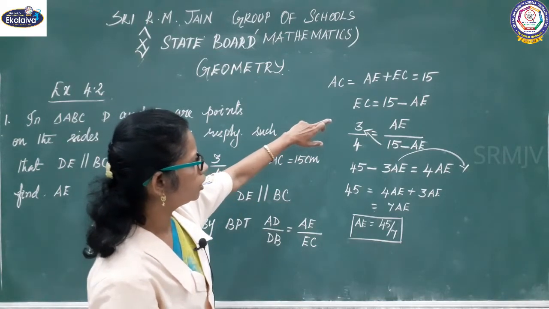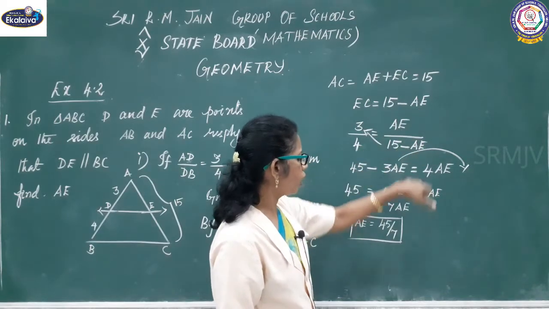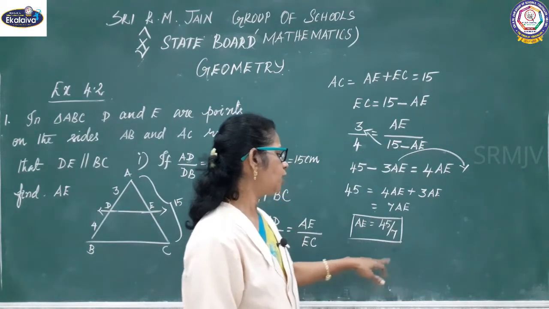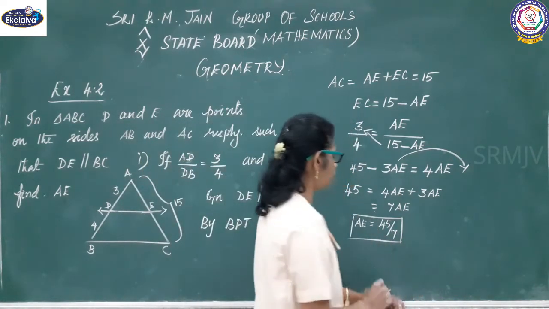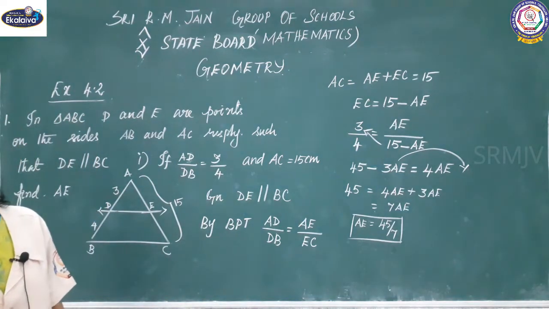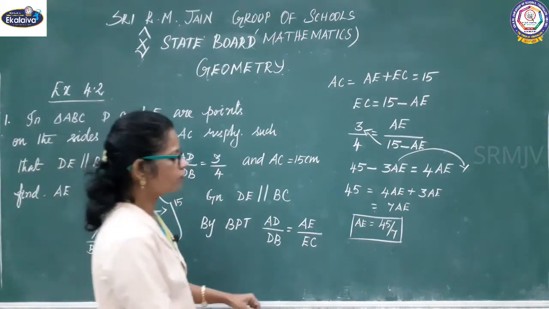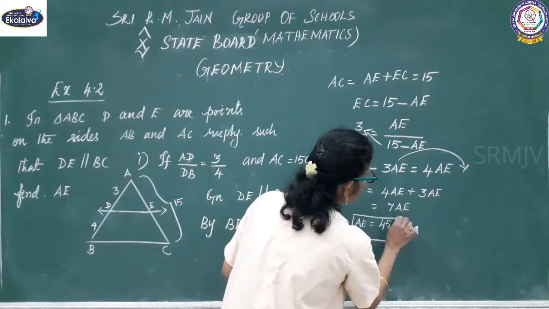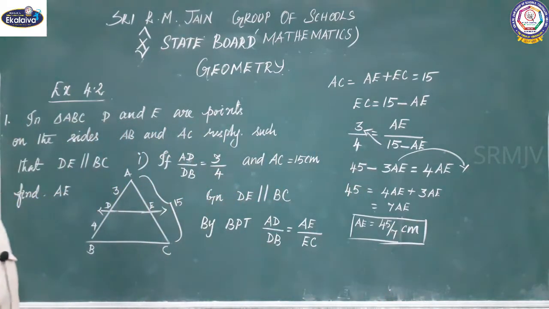EC is 15 minus 45 by 7. If you want, you should check. But they are asking only AE, no? Up to that, you should end up. AE equal to 45 by 7 centimeter.